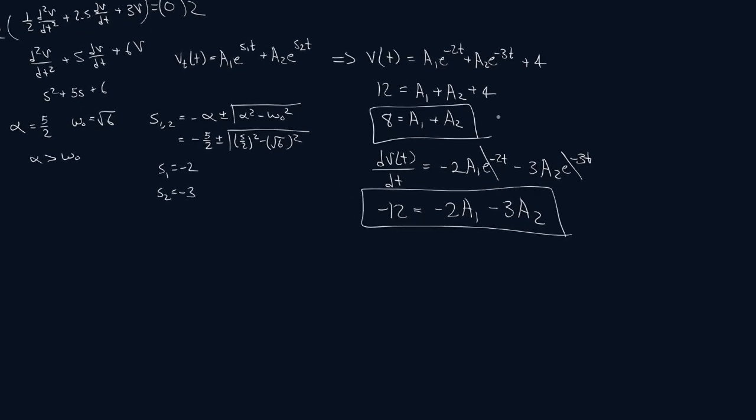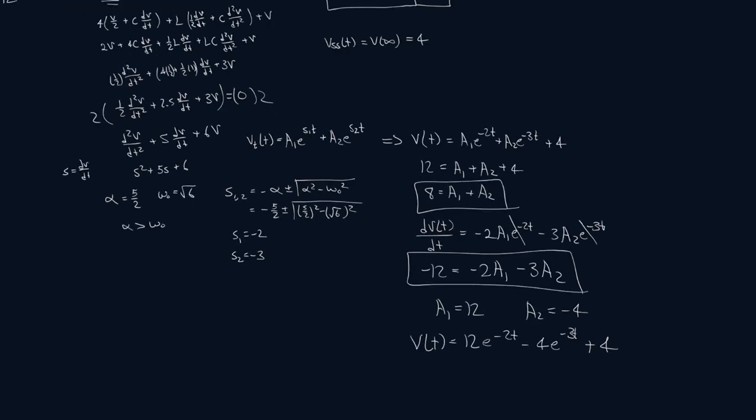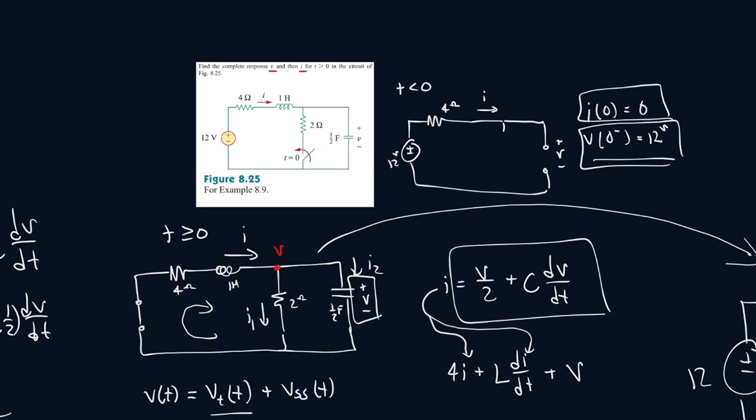Now we have to solve for a1 and a2. So a1 should be equal to 12 and a2 should be equal to minus 4. So now we can find vt. It's going to be equal to 12e^(-2t) minus 4e^(-3t) plus 4.